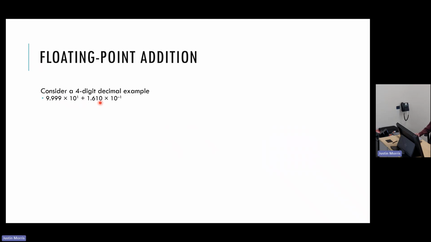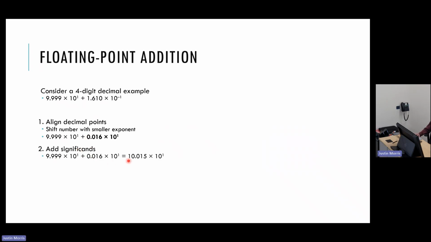So first step is align the exponents. And the standard convention to reduce the number of steps is that the smaller one aligns with the larger one. So we adjust it like this, right? We shifted the decimal point to the left by 2, so we increase the exponent by 2. And now I can add the significand part with the significand part, right?